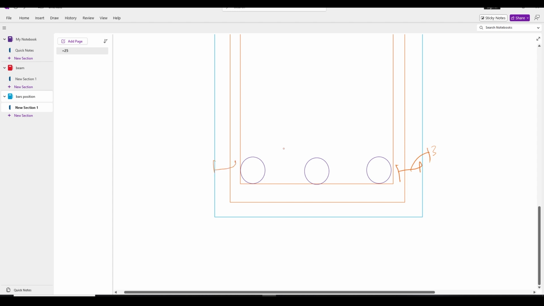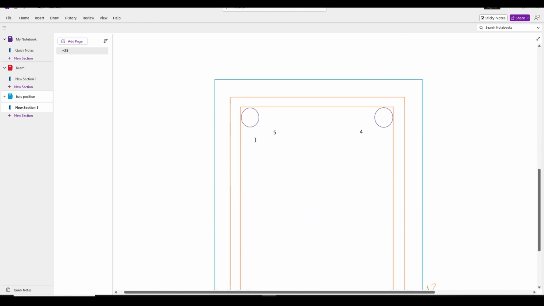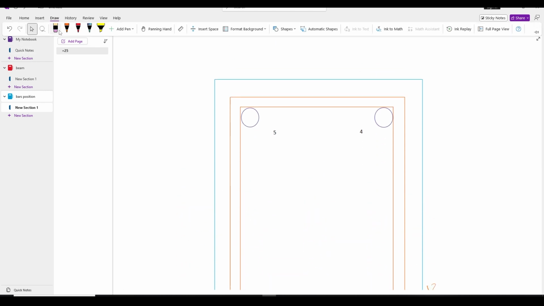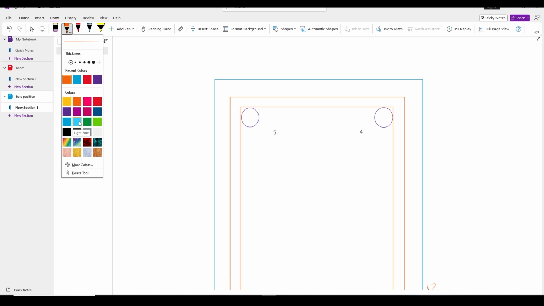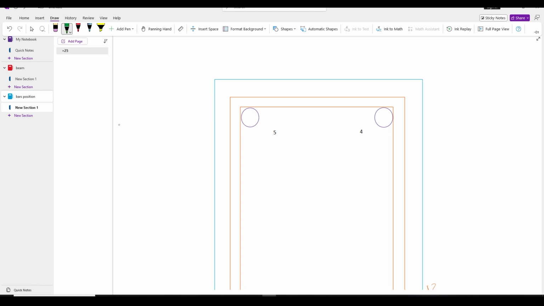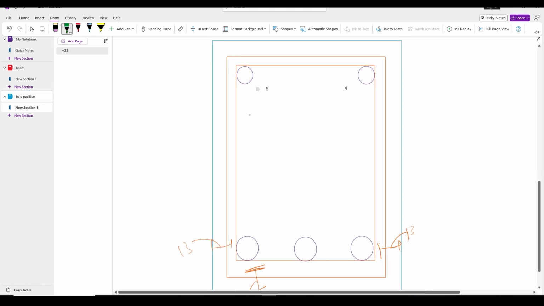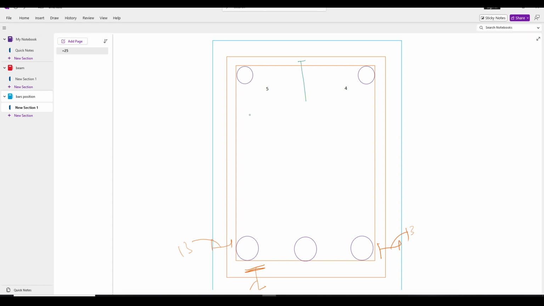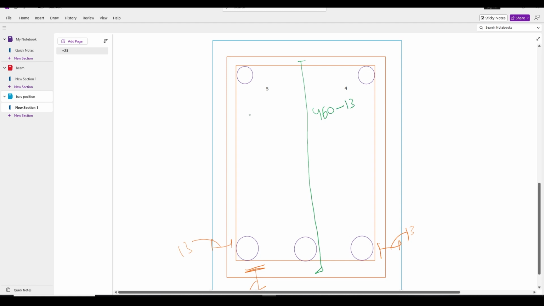This distance again is 13, and similarly this distance at the mid of the stirrup is 13. Similarly at the top, so we can find it. From here to here, 460 minus 13 from top and minus 13 from bottom, that will be 434 mm.